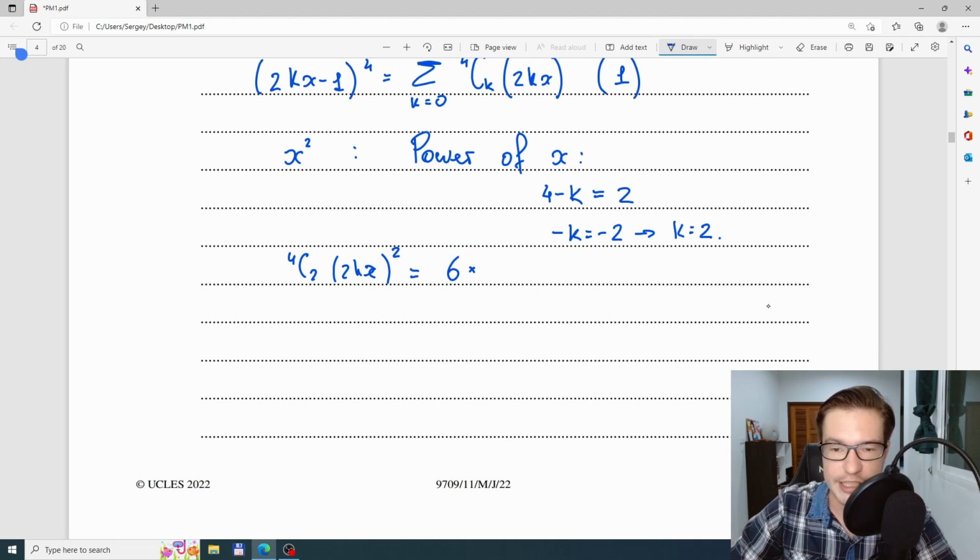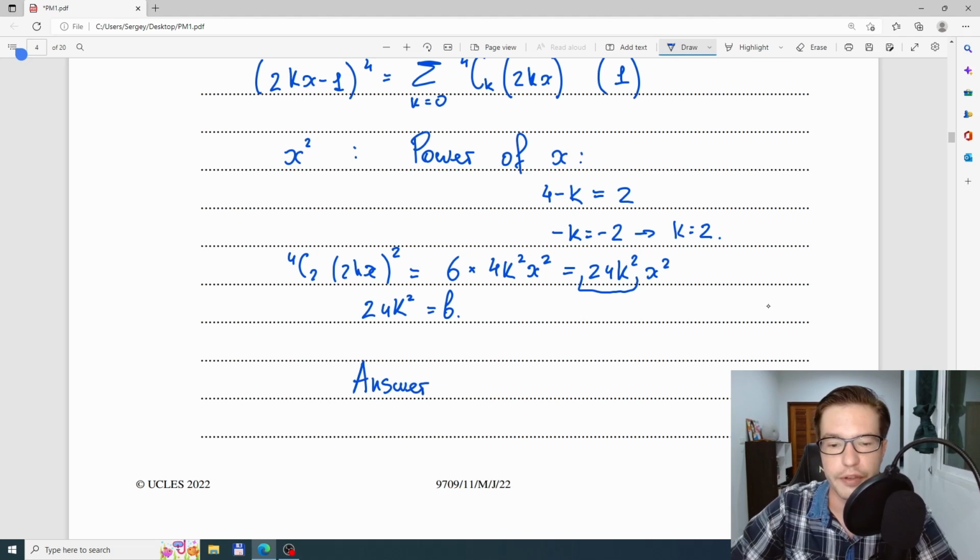Okay, so that gives us 6 times 4 k squared x squared, which is 24 k squared x squared. And the coefficient of x squared is 24k squared. That means 24k squared equals b, and we found a and b.